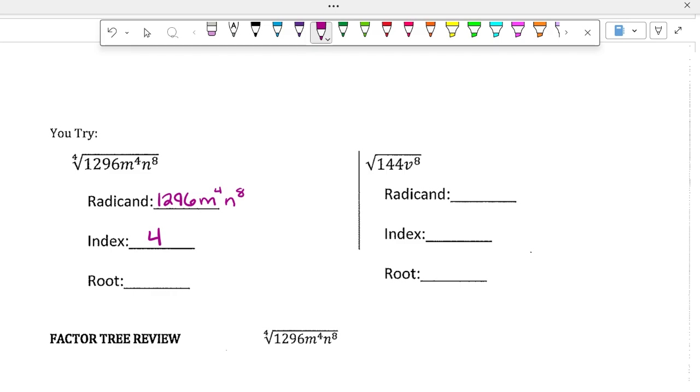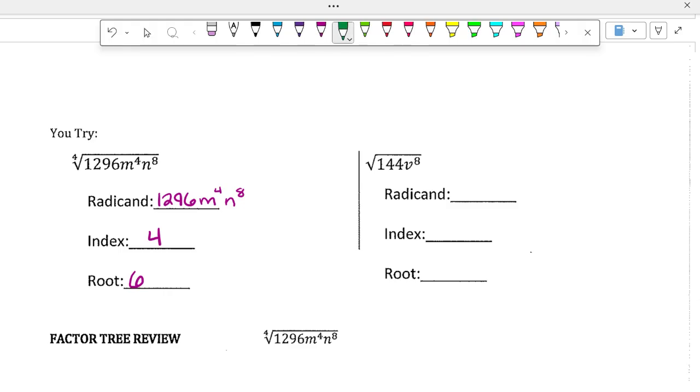Okay? So what is the fourth root of 1296, Nick? All right, so it is 6, but you have to mind your types of roots. So m squared and n to the fourth is if it was a square root, but this is a fourth root.